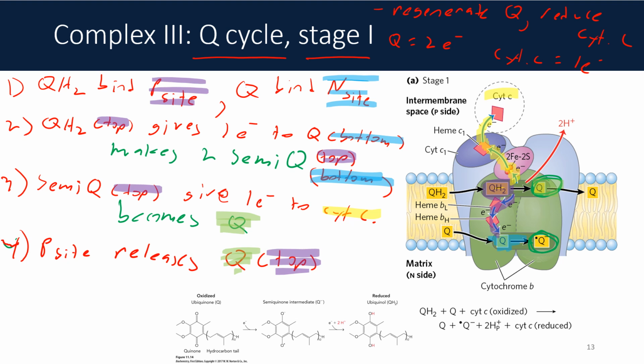And that's because the P site, the top site, prefers QH2 over Q. At the same time, cytochrome C also diffuses away.